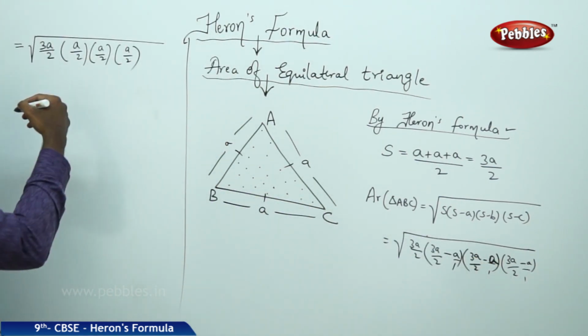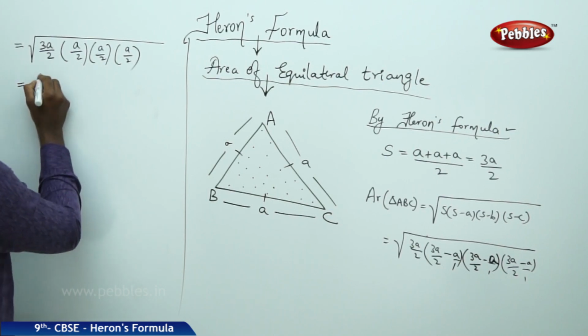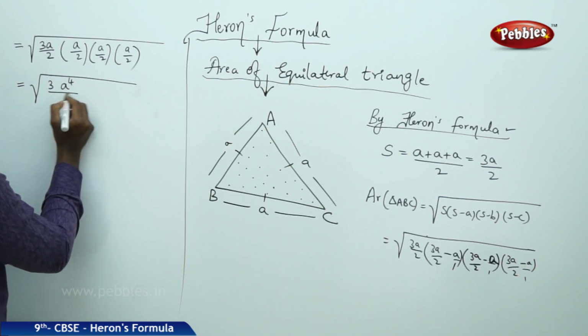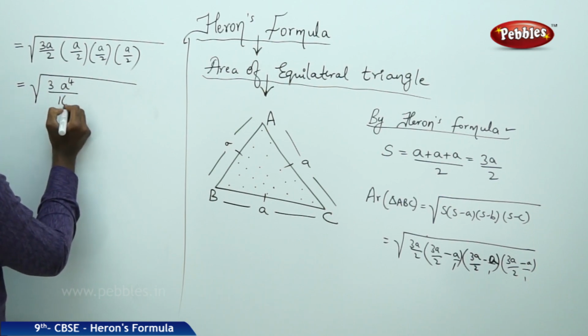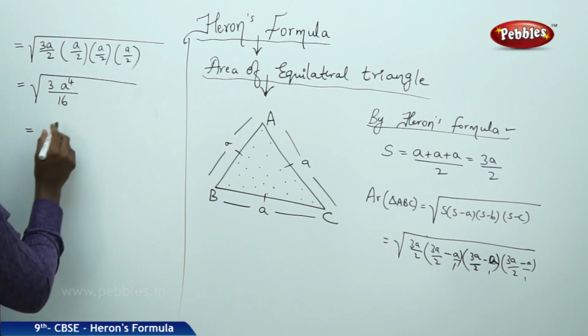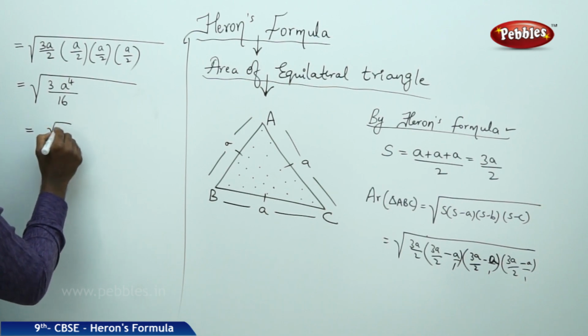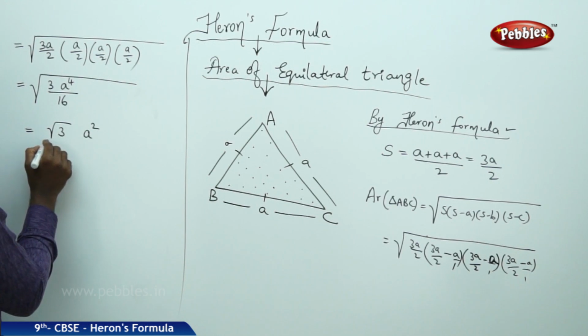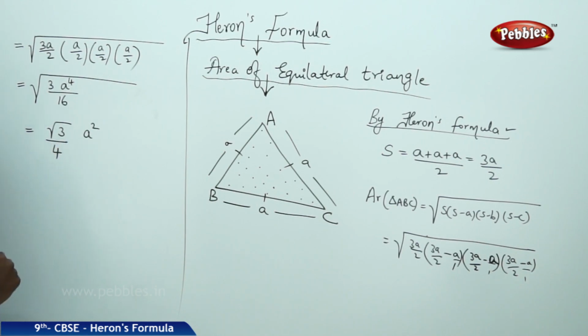Now this on further multiplication gives 3A power 4 by 16. Now this is root 3, root A power 4 is A square and root 16 is 4. So therefore I get this as root 3 by 4 A square.